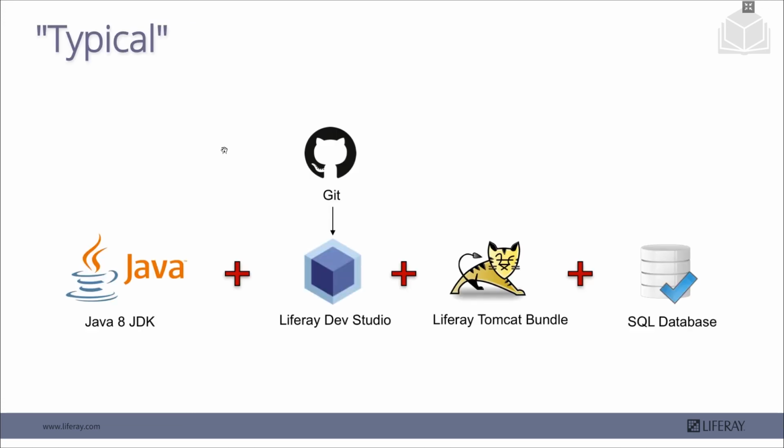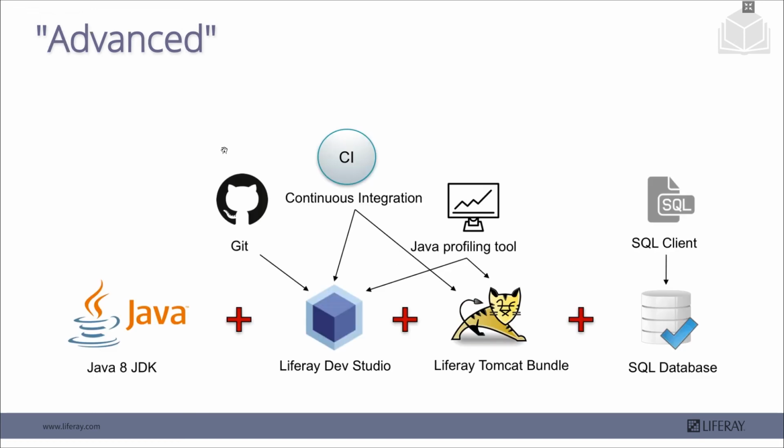On a more typical setup, you still have your JDK and you have your favorite IDE, such as Liferay Dev Studio, pulling in code from Git or GitHub. We have the Liferay Tomcat bundle integrated within Liferay Developer Studio, so we can very easily deploy to Liferay. Liferay is also connected to an SQL database, so it makes it a little bit easier for us to take a look inside the database.